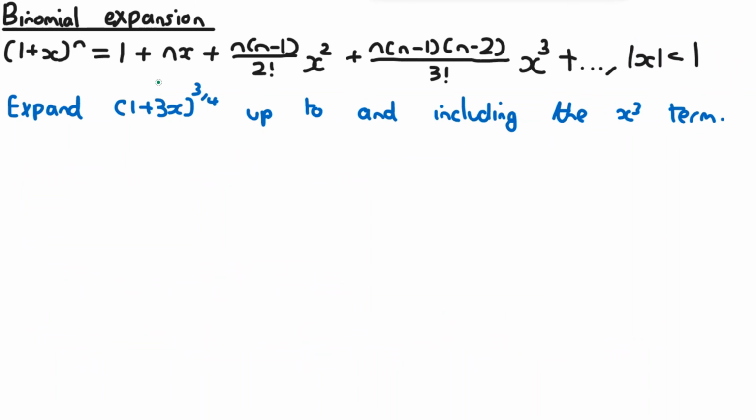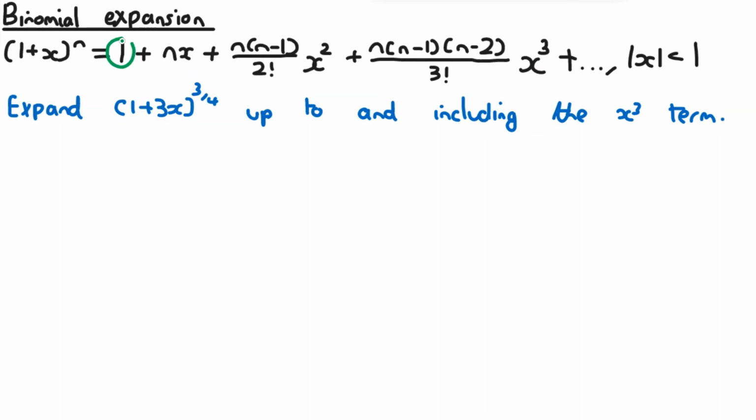Here's another example, but this time we have a coefficient in front of the x here. The approach to this is very similar, but we just sub in this entire value as x in each part of the formula where we need x. So we're going to sub in 3x wherever x is.